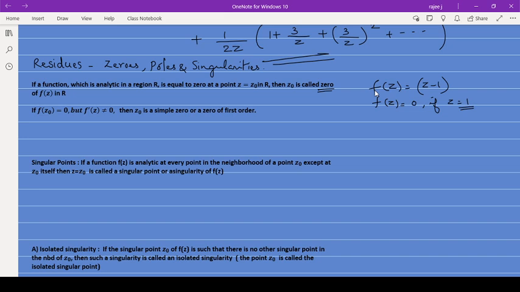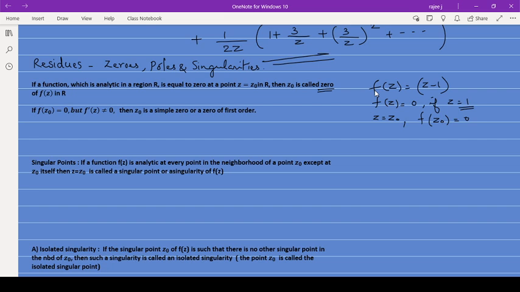In short, z equal to z0 is said to be a zero of f(z) if f(z0) equals 0. That is what is written: if a function which is analytic in a region R is equal to 0 at a point z equal to z0 in R, then z0 is called a zero of f(z).